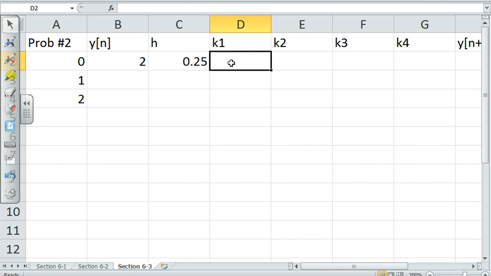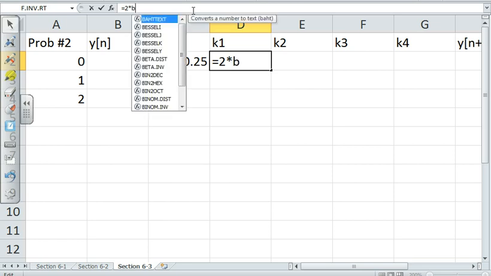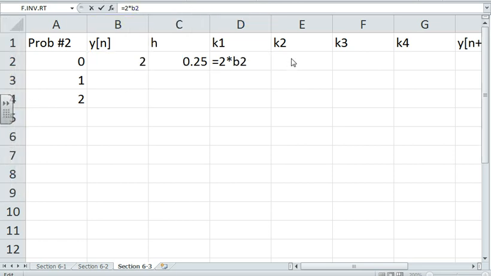Now, k1 is the function at xn, yn. So if the function is 2y, then that's going to be 2 times B2. Okay, and k2 is going to be the function at xn plus a half of the h, and y plus a half of the h k1.